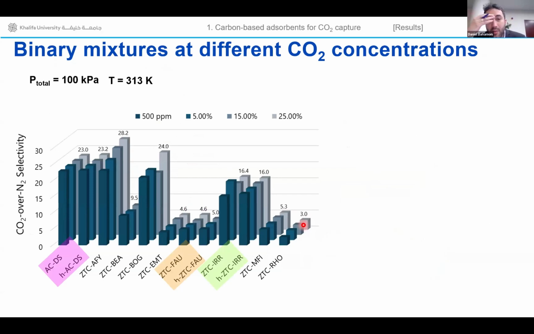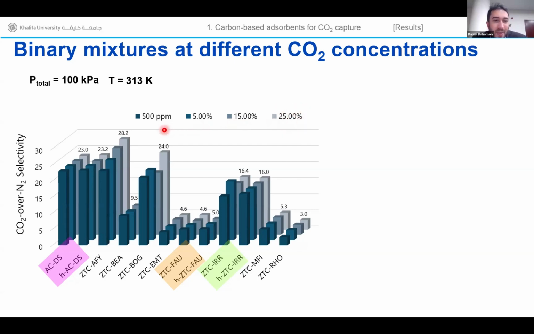I'm showing here the selectivity, which is based on the affinity ratio between the absorption for CO2 and absorption for nitrogen at different concentrations: 500 ppm, which can be related to the CO2 concentration in the atmosphere right now in the air, and two additional concentrations, 15 and 25, which are more related to post-combustion in different processes, either by natural gas, coal, or additional feedstocks.